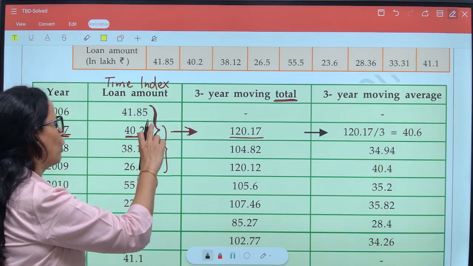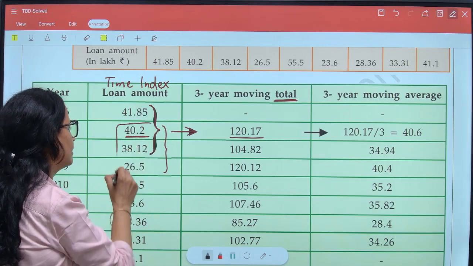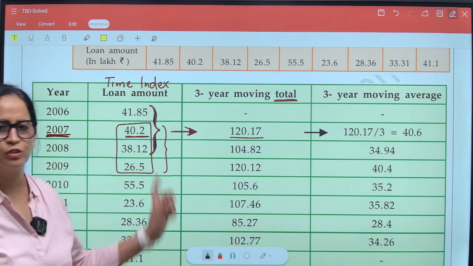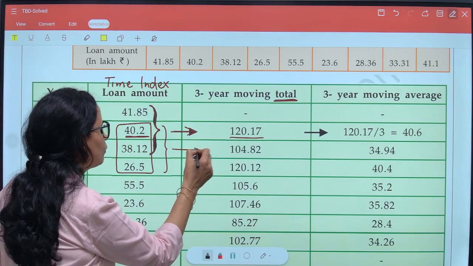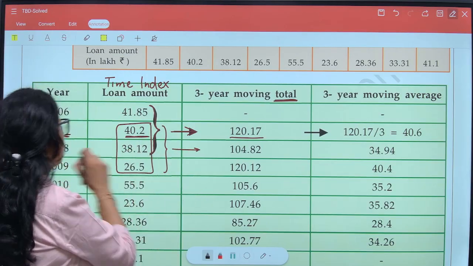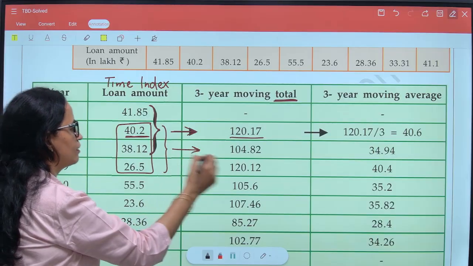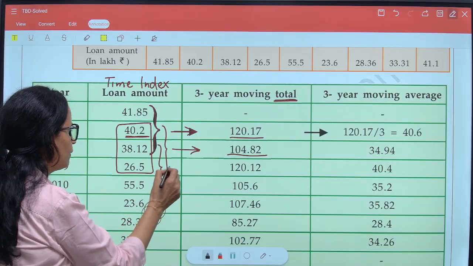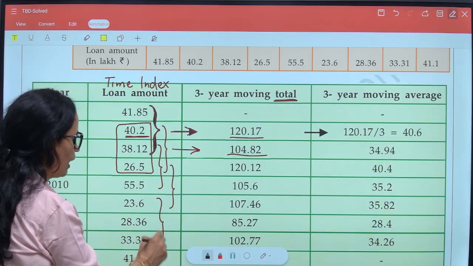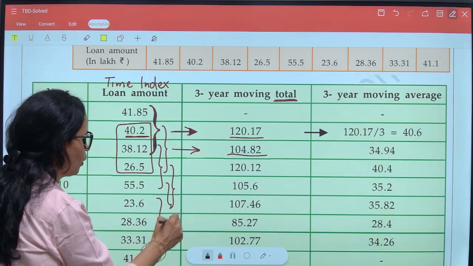So now the block size is from here to here. This is the next block for which you need to calculate the total. So add these 3 values, put the value around the center of these. The center of this was 2008. So I will write the sum after 2008. Likewise, you keep on calculating the moving total. Right now we are just calculating the total, not the average.